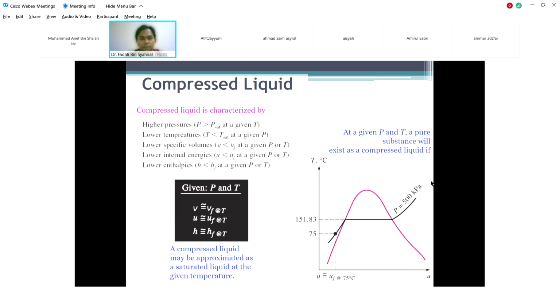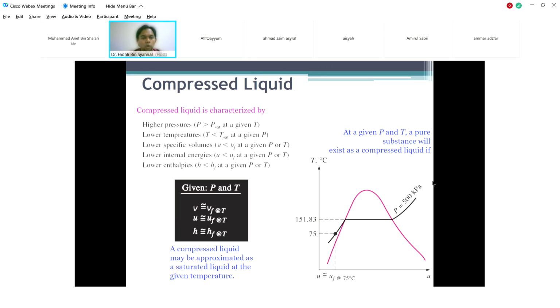Before we go further, we have to know the characteristics of compressed liquid, what the compressed liquid actually is. By knowing the characteristics of compressed liquid, we can understand the phase very well.